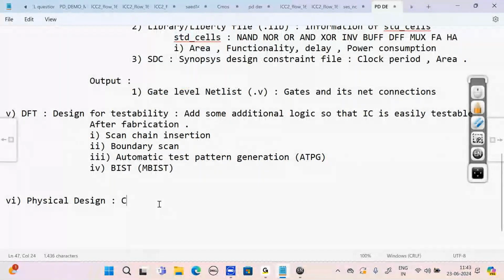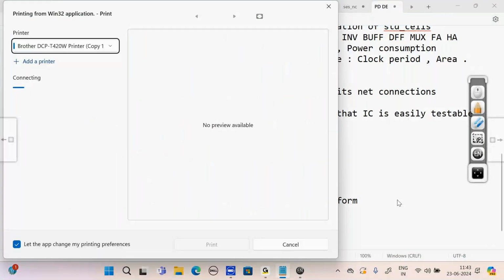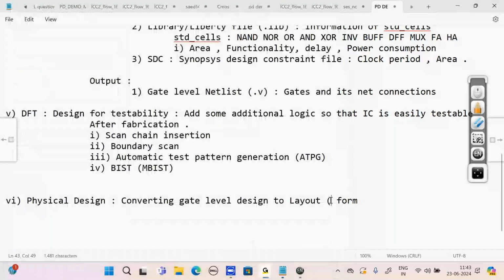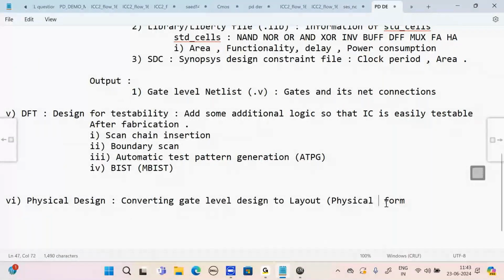The role of a physical design engineer is converting the gate level design to layout form. Generally we do not call it layout form. We call it physical form. That is the role of a physical design engineer.